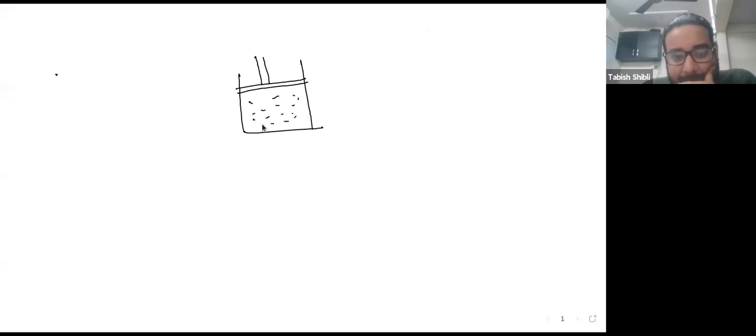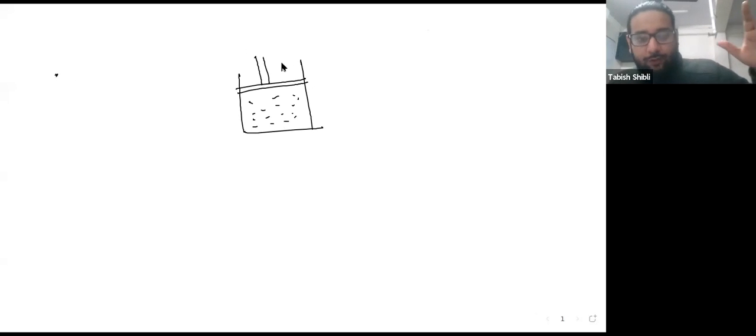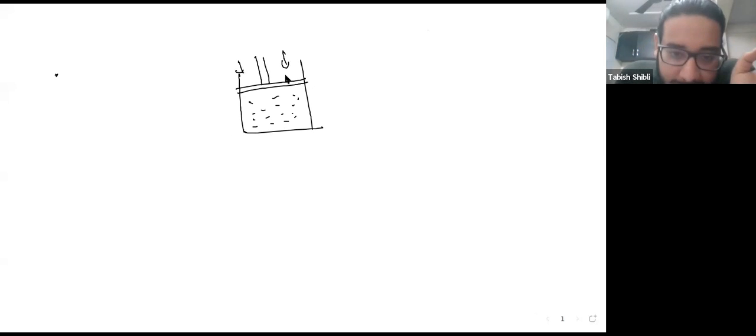Yes. So think about it again. We have a piston here. You have some gas here. Now, what do you mean by work being done on the piston? Where is the work being done?